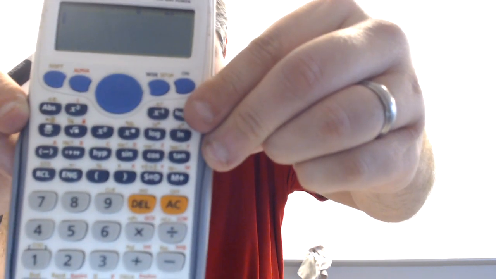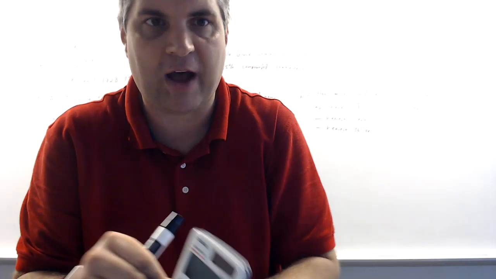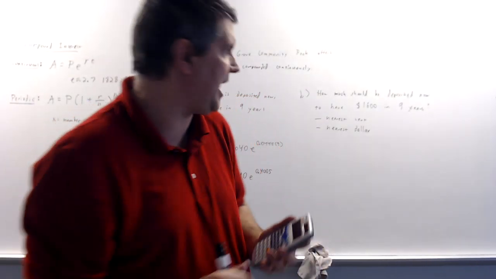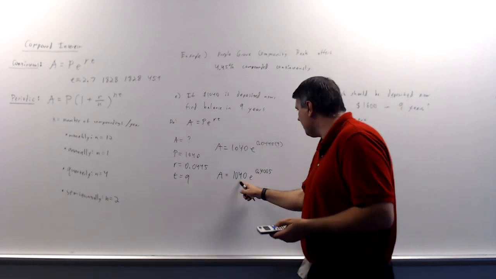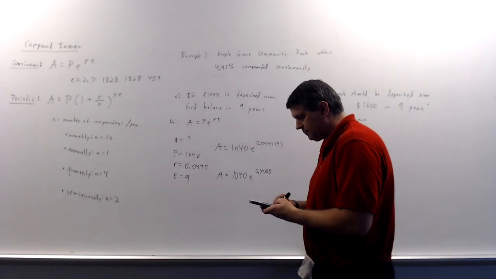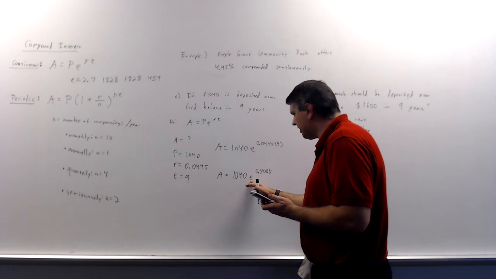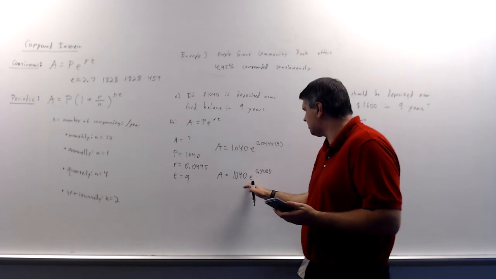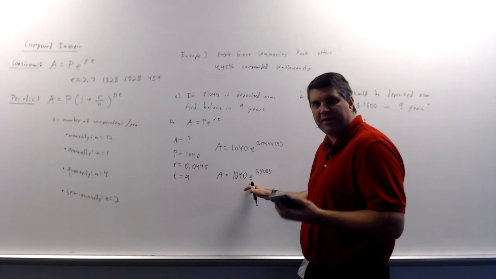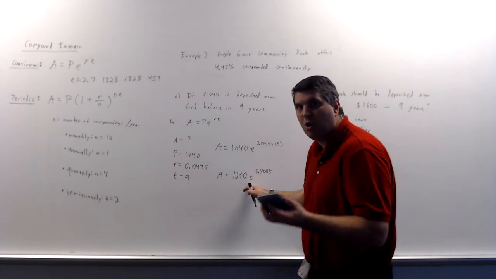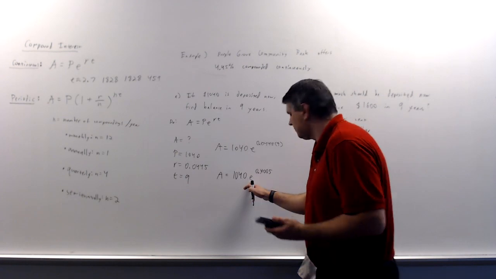Now, I can't get this thing to focus. But you should be able to find E to a power if you hit Shift or Second. So, for me, I would just type in 1,040 times Shift or Second, depending on what your calculator says, ln. So again, 1,040 times Shift or Second ln.